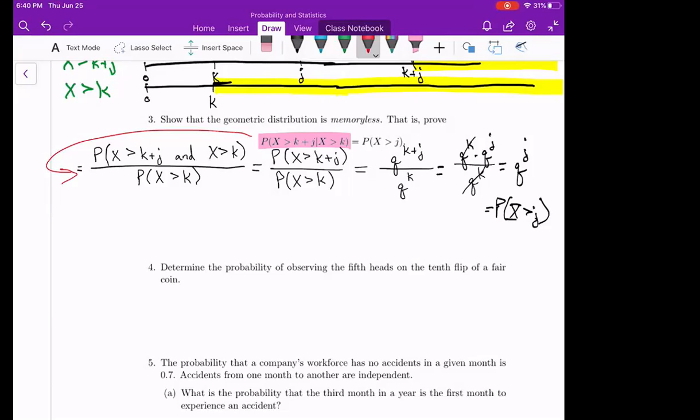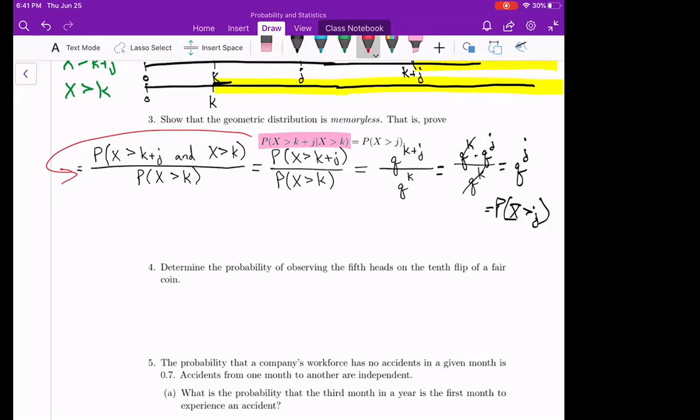And then deriving what I did at the bottom of this handout, I know that these greater than probabilities are q to the k plus j over q to the k. Using the properties of exponents, I know q to the k plus j is q to the k times q to the j, which helps the q to the k's cancel out, and I'm left with q to the j power, which, working backwards, is the probability that x is greater than j.